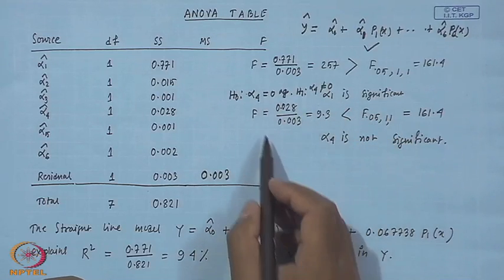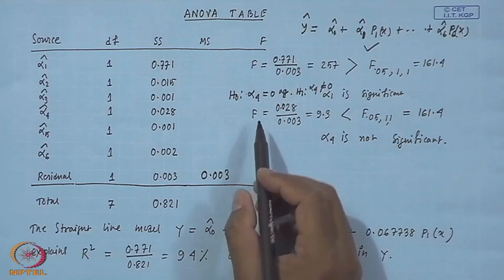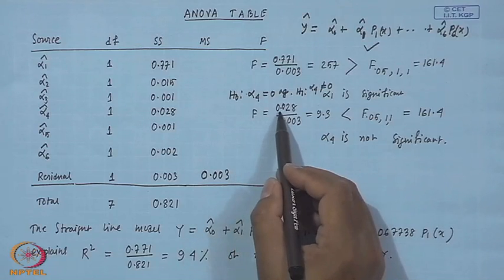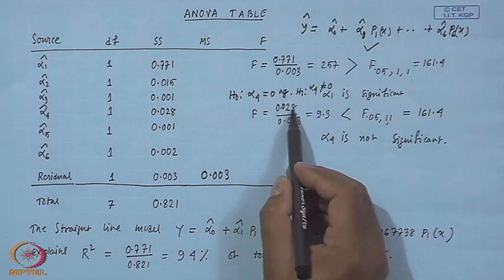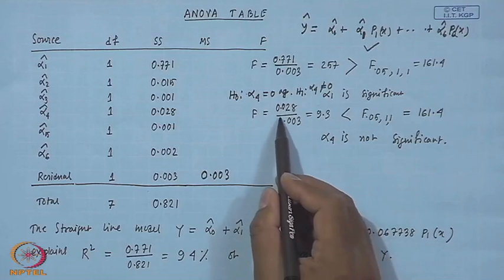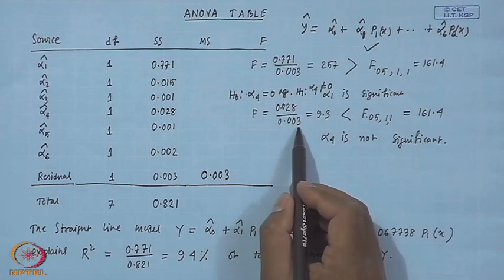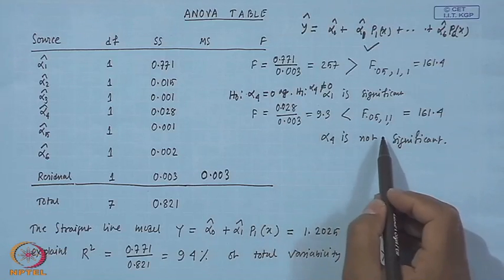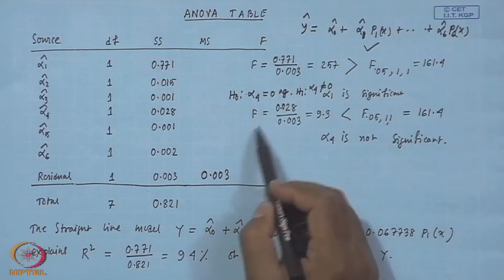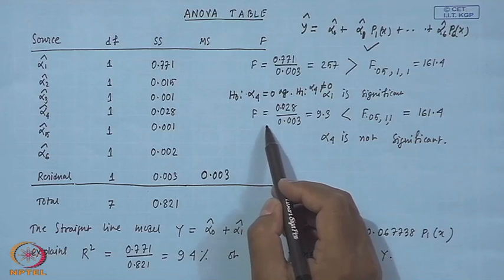To test this hypothesis, I will use this F statistic. F is MS regression, which is 0.028, divided by MS residual, which is 9.3, and this F has degree of freedom 1.